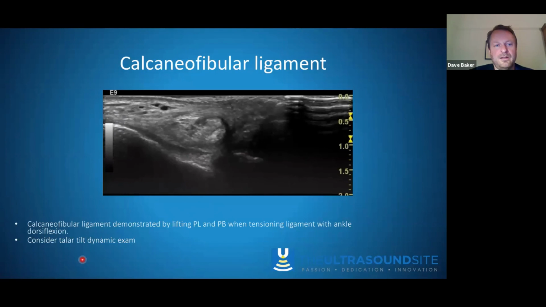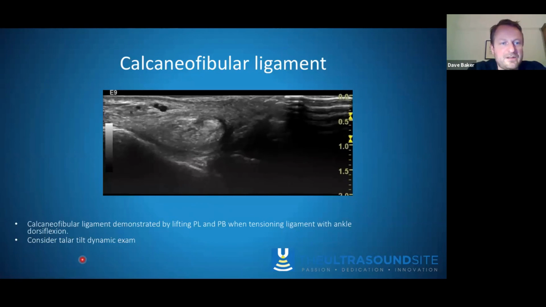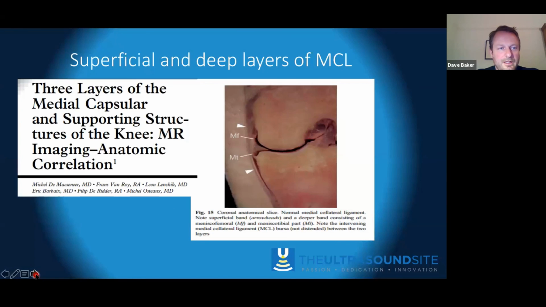And this is a dynamic test, quite a clever little test, because it demonstrates the integrity of this ligament by way of actually lifting the two tendons up. So it's a nice way of being able to assess the integrity of that particular structure. Go to the next slide, please, Stu.